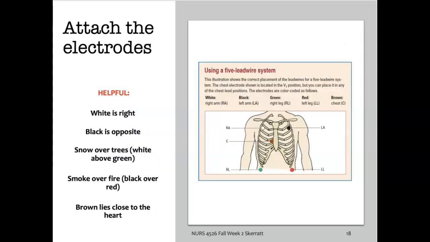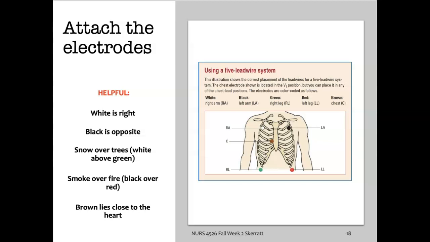Because many nurses work on telemetry units, it's important to understand lead placement. And the lead placement I'm teaching you here is the 5-lead system, which is used for telemetry, not the 12-lead system. So you place the electrodes on the skin and attach to the monitor cable as indicated here. So right atrium will be the white, which is on the right.